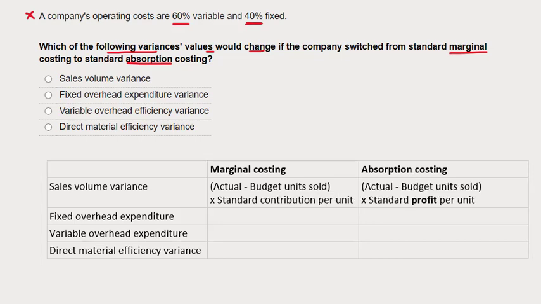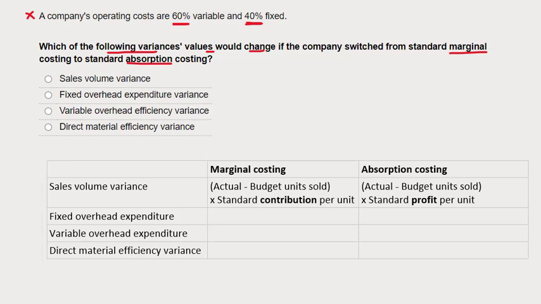Under absorption costing, it's still the difference in the number of units sold between actual and budget, but instead of being times by standard contribution, as it was under marginal costing, it's times by standard profit per unit. Profit being the sales price less all of the costs, both fixed and variable.